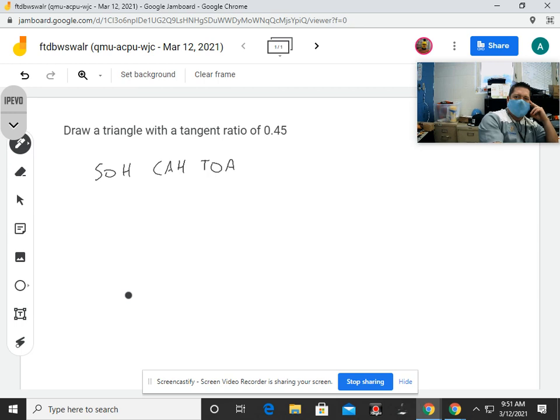O over A. It doesn't matter what type of triangle I draw. It has to be a right triangle. You said O over A, right?